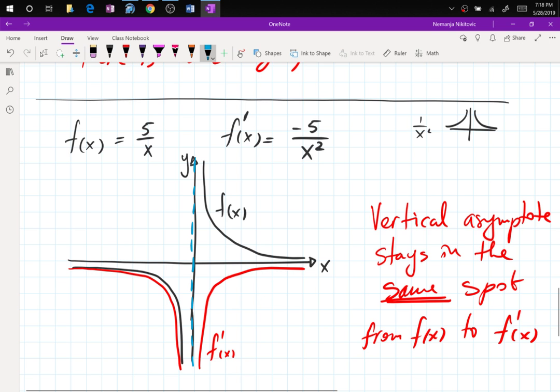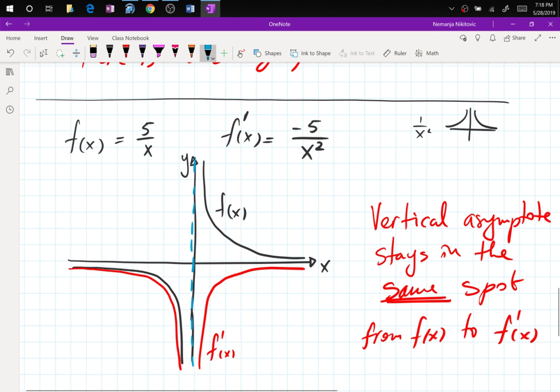Yes. So the red function better be below the x-axis, and it is. This part is also decreasing. Starts at positive infinity and drops down to 0. So always decreasing. This one is also below the x-axis, which obviously confirms what we had before.